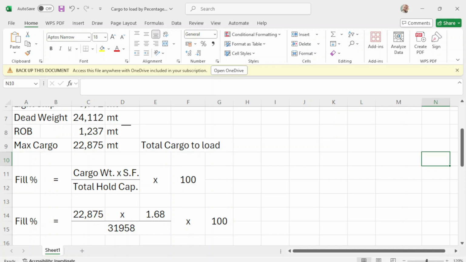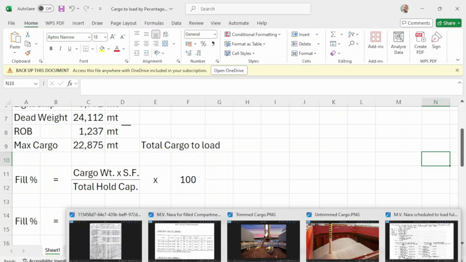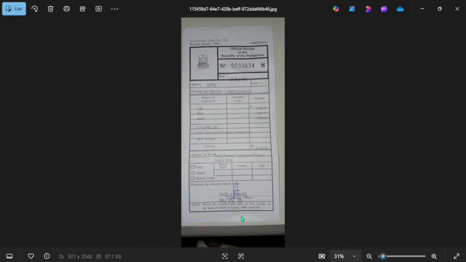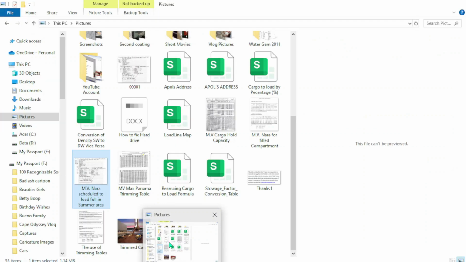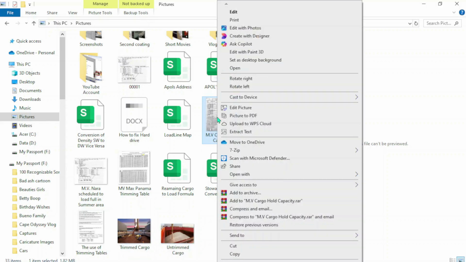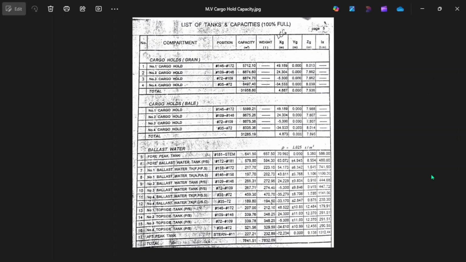You go to your capacity plan. Okay, your capacity plan.